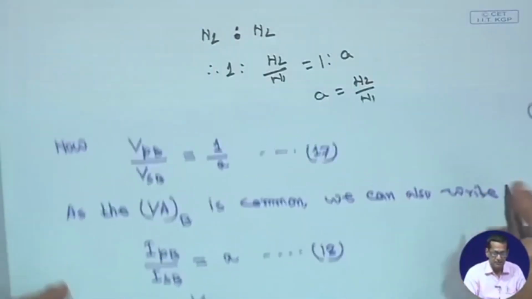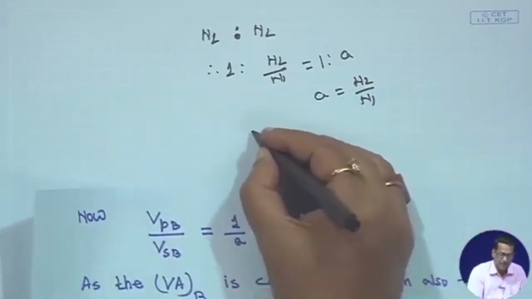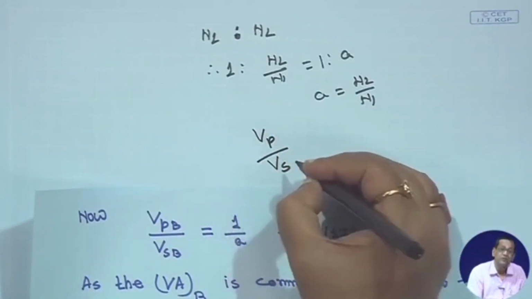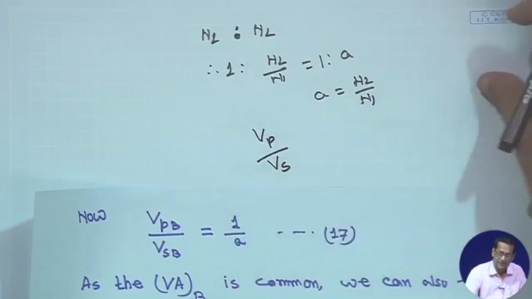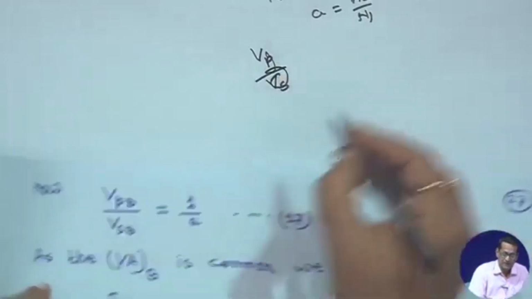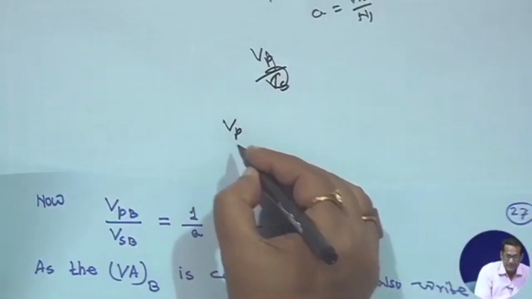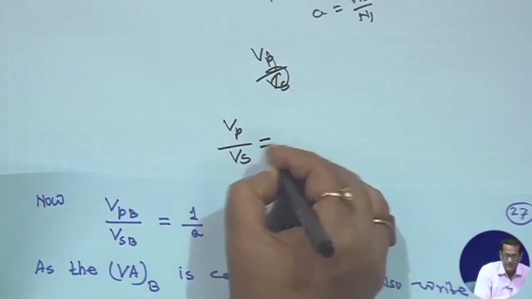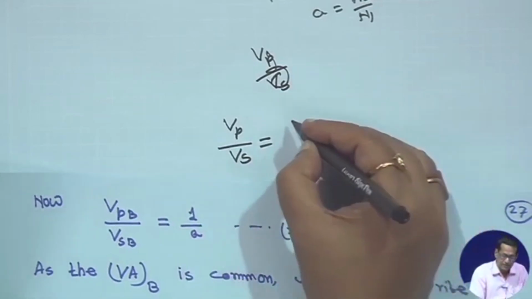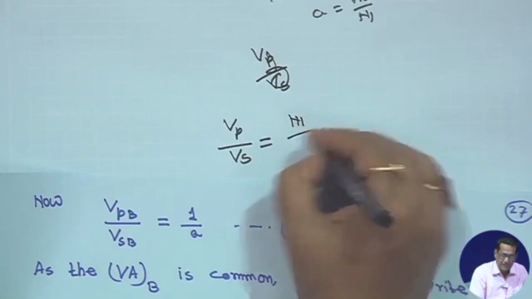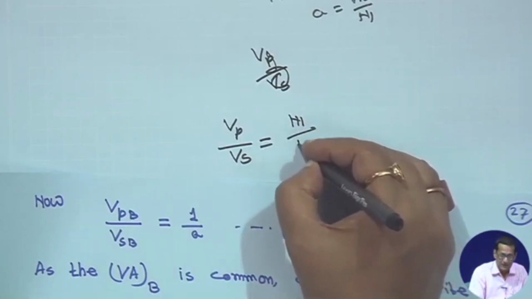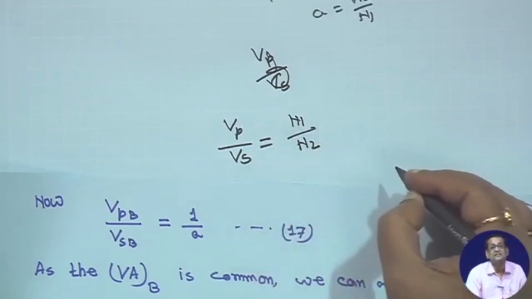As you know, if the primary side voltage is Vp and the secondary side voltage is Vs, then Vp upon Vs is equal to the primary winding turns N1 upon the secondary turns N2.